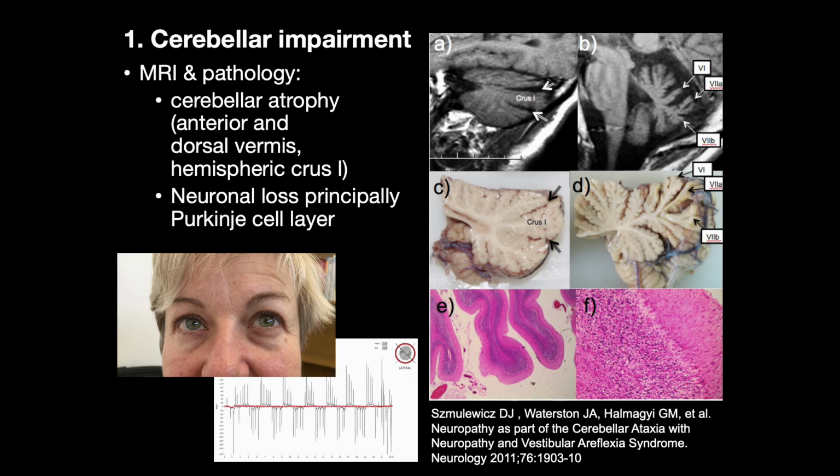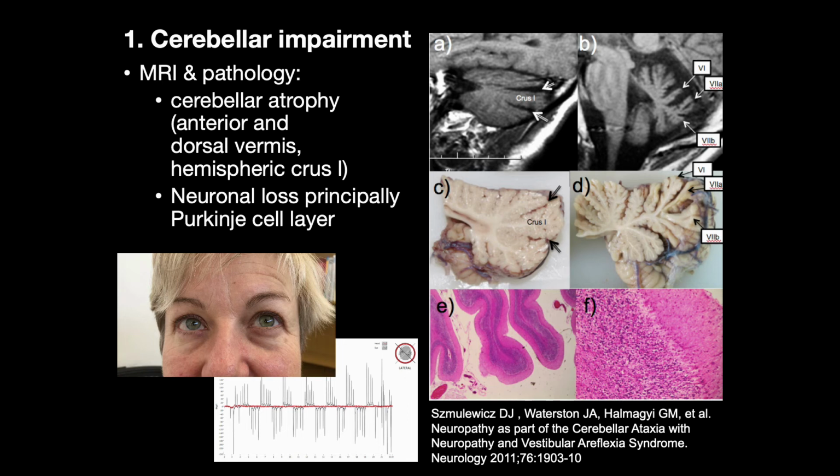So looking at panel A, you see atrophy of CRUS1, the arrows pointing to the increased CSF space either side of CRUS1, whilst in the midline or vermis, the atrophy was of lobule 6, 7A and 7B. We were able to confirm this on post-mortem samples, and you'll see that panels C and D reflect the MRI findings.